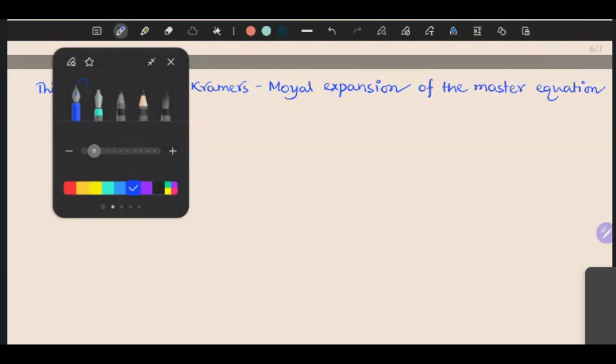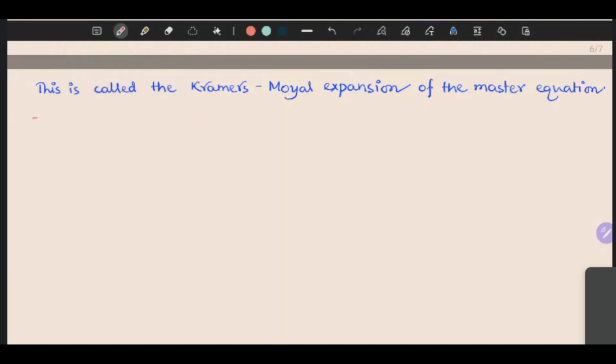But since the Kramers-Moyal expansion will be difficult, we will not go into that. If we get some time, we can discuss it, but let's not go into that for now.